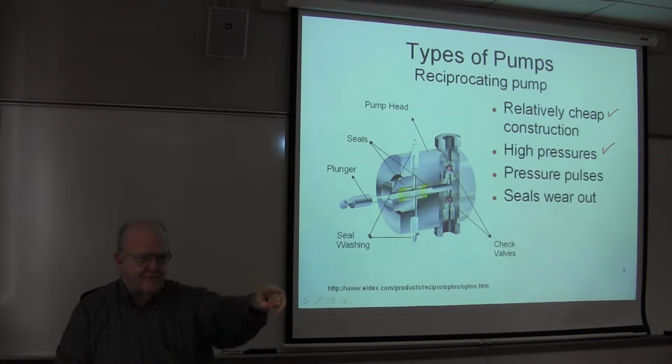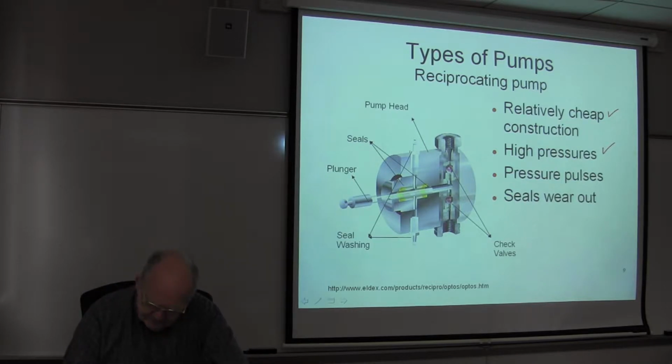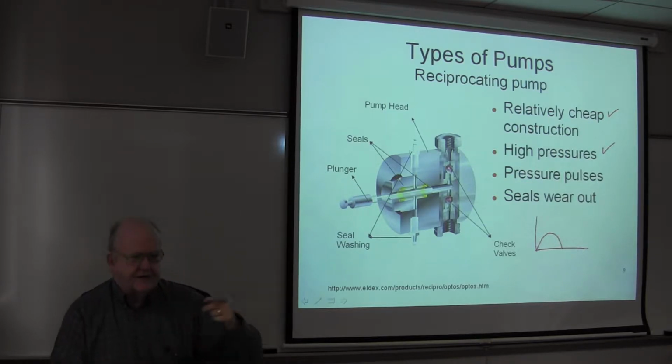And if the pump motion were the same in both directions, what you would see in terms of a pressure drop would be something like that. And then during the backstroke, you'd be essentially at zero pressure, and then you'd get another one like that. And that's bad news.